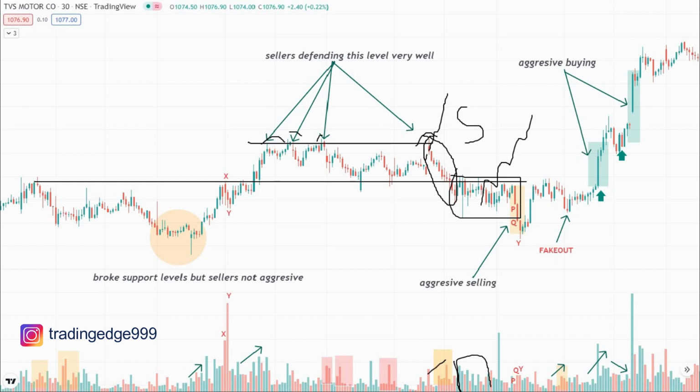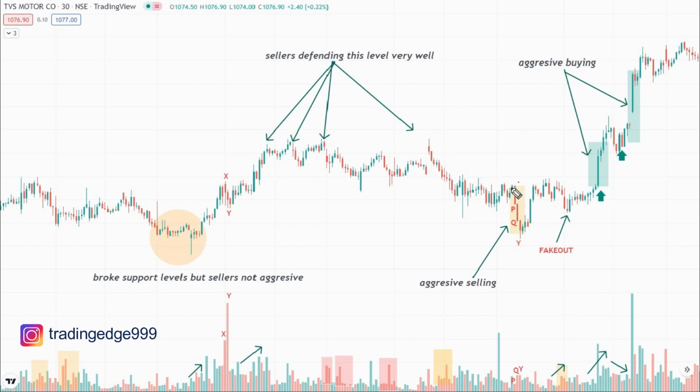Okay, now these 3 candles have good spreads towards the downside with an increase in volume. But there is a price and volume divergence that is happening at these 3 candles.